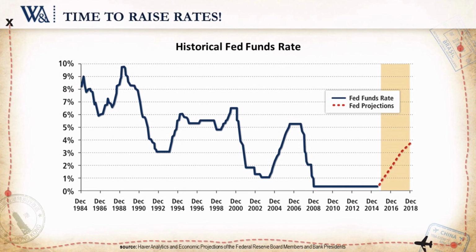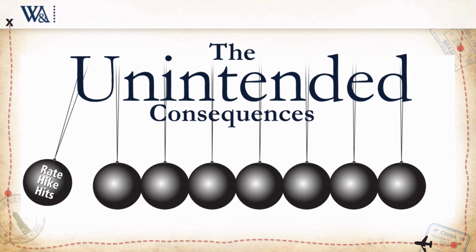But not only did they do that, they projected that they would raise rates 4 times this year and 4 times next year. And that changed things considerably in the market. The Fed went from being a stimulative agent to being a little bit of a suppressant, and that was a major change, which also disrupted markets a little bit and created what I call the unintended consequences.